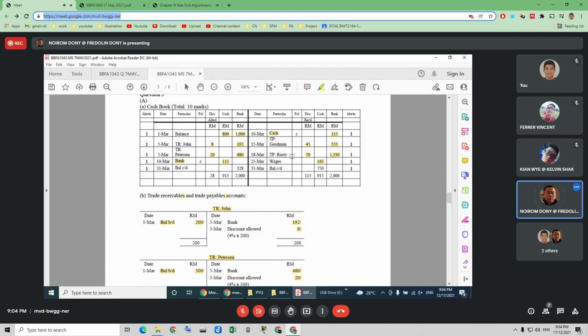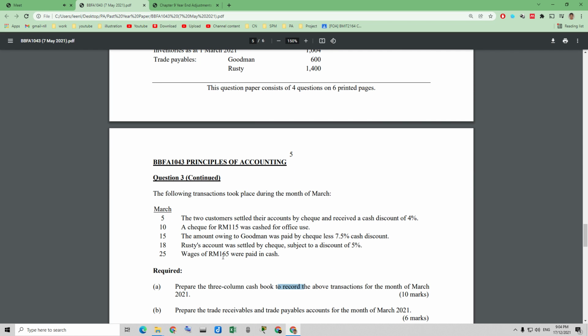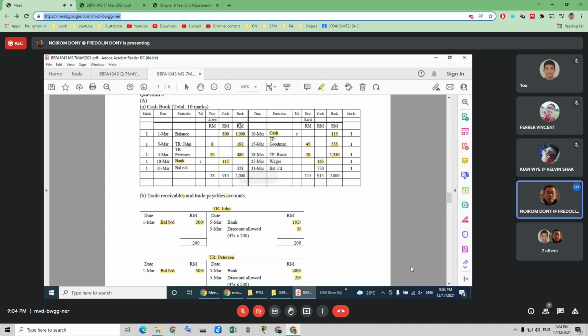So we have done all the transactions. Then we close off. For the cash book, the bank column, the credit side is more than the debit side.